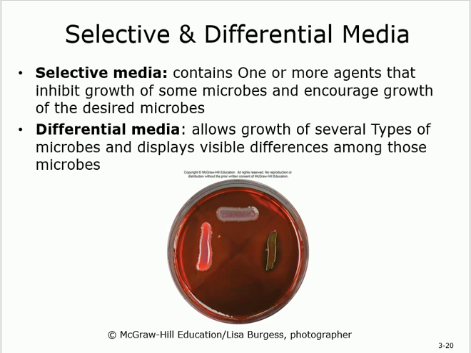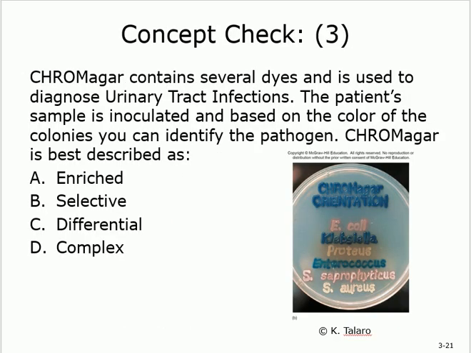Like look at this picture right there. You will see red, purple, green. Each one of those is growing in a visible way. So you can differentiate. You can see all three and you can tell this is number 1, this is number 2, this is number 3. So this is differential media, and your clue is difference. Differentiate. Difference. It will tell you the difference in a visible way.